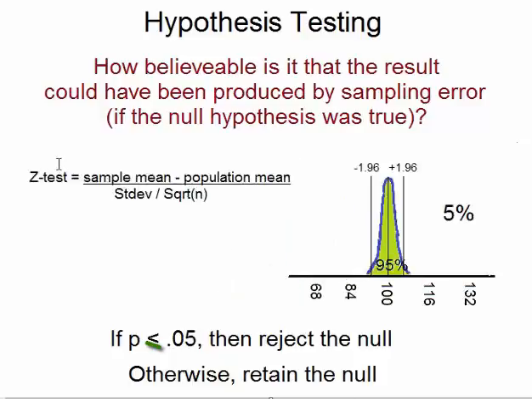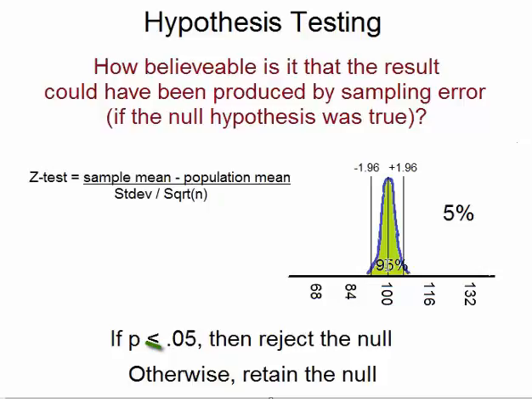For a two-tailed hypothesis z-test, that means that if our resulting z-test is greater than or equal to 1.96, or if the z-test is less than or equal to negative 1.96, we are in that 5% reject zone and we reject the null. And if the z-score is closer to the value of 0, then we'll retain the null.